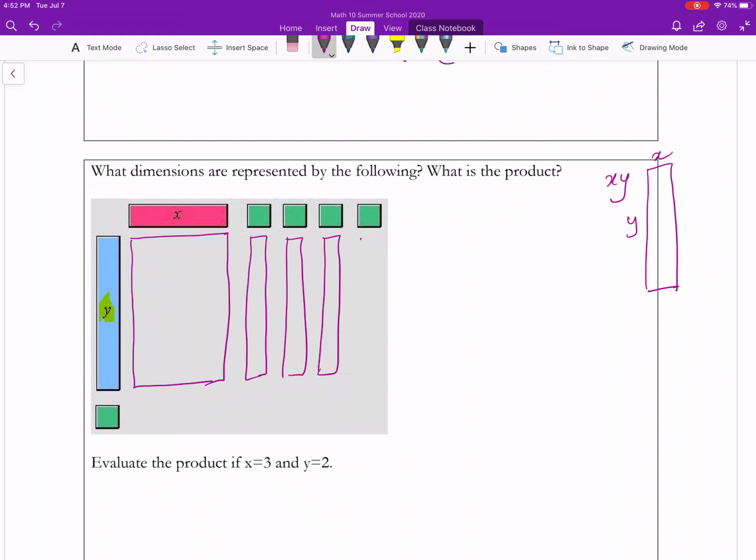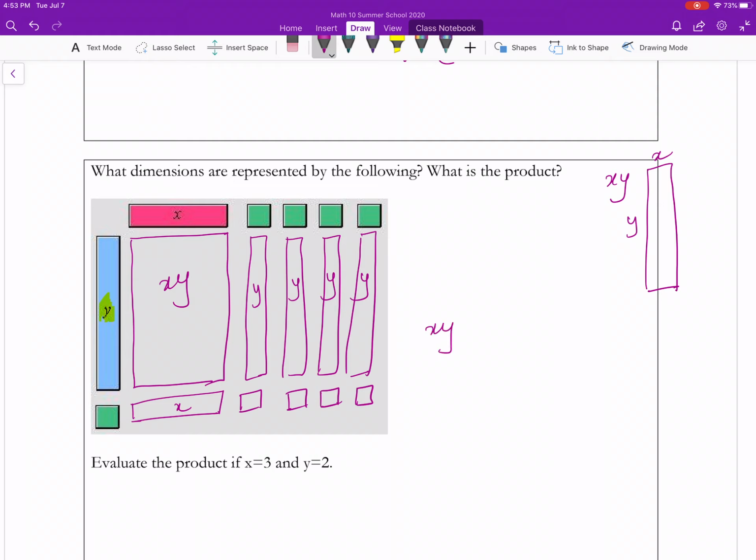These are y tiles. So this is xy, y, y, y. And 1 times x is x. 1 times 1 is 1, 1, 1, and 1. So the resulting product is xy plus 4y plus x plus 4. All these tiles are shaded because they are positive.